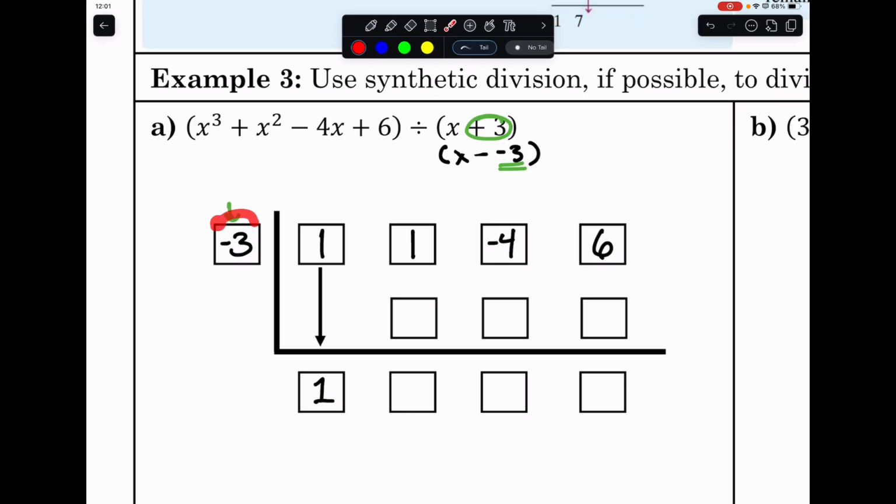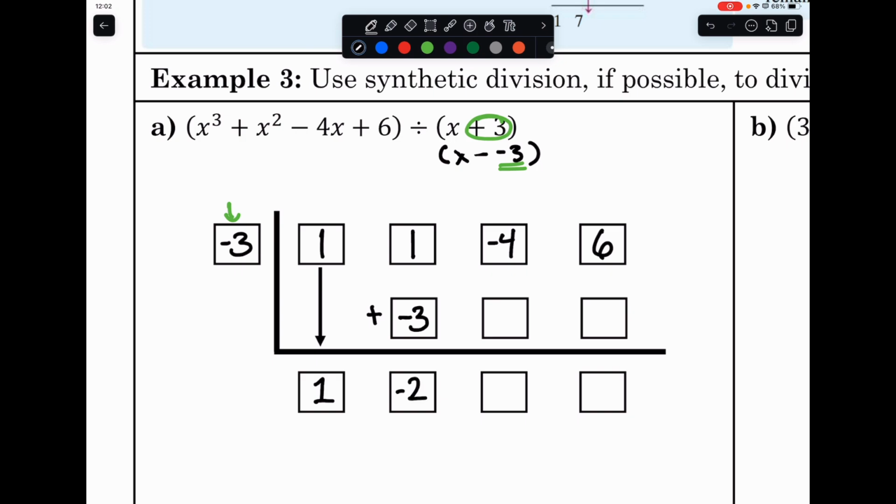So we're going to get this negative 3 and multiply it with 1. And that's going to be the number that goes in this box right there, which is negative 3. We're going to simply add going downwards. So 1 will be added with negative 3, and that's the value of negative 2.